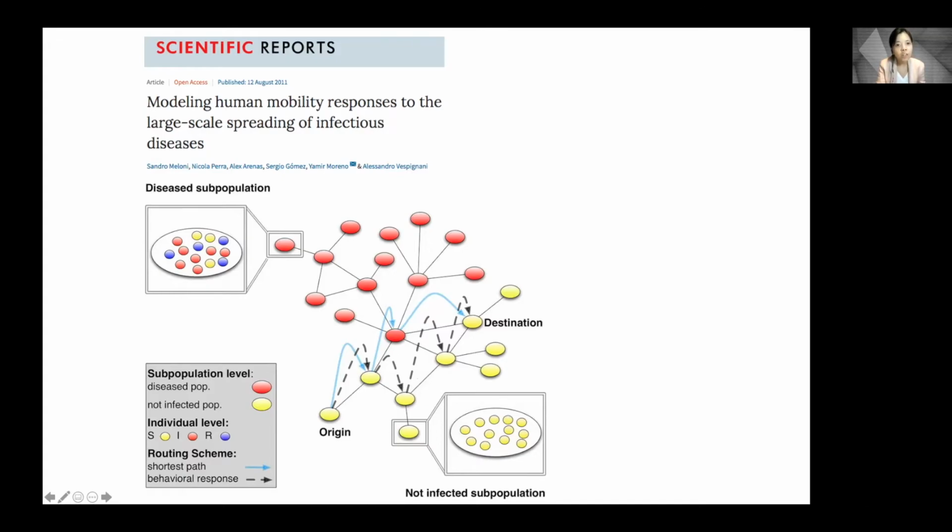Okay, you might pass through a subpopulation with a lot of infected individuals. Of course, you want to avoid that. You don't want that. Hence, what you want to do is try to find an alternative path, such that you will not pass through any of the major infected areas shown by these dotted arrows.